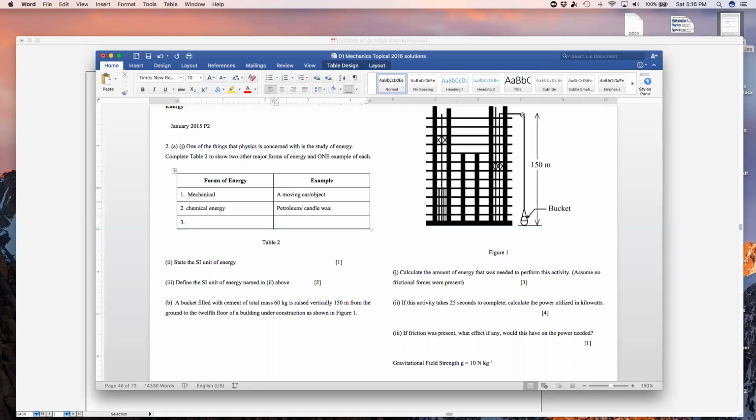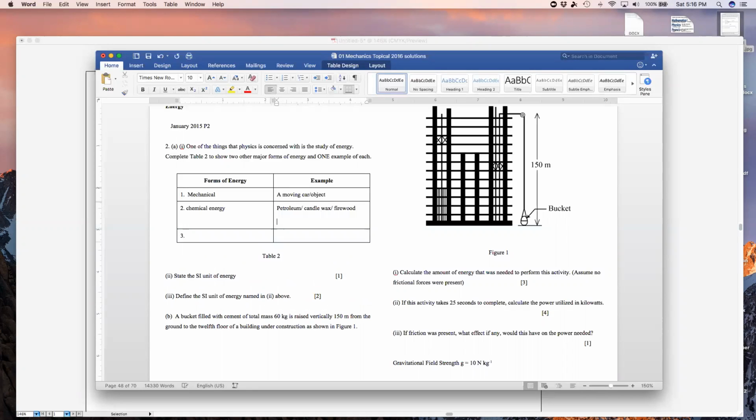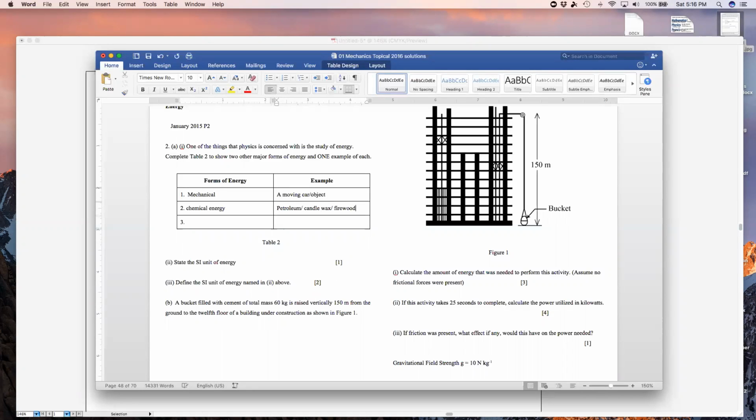You know, a whole range of things. It could be firewood. All of these are examples of chemical energy. Another form of energy is geothermal, and the example of geothermal is from hot springs or volcanoes.